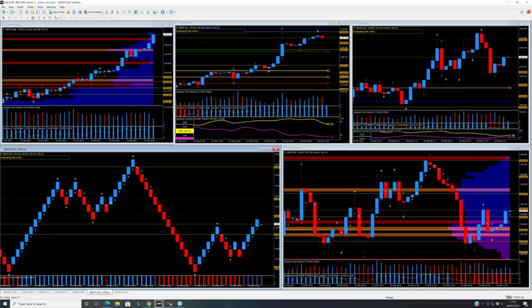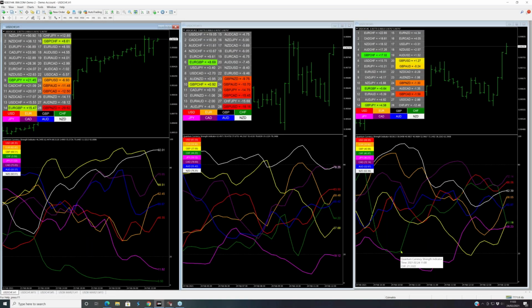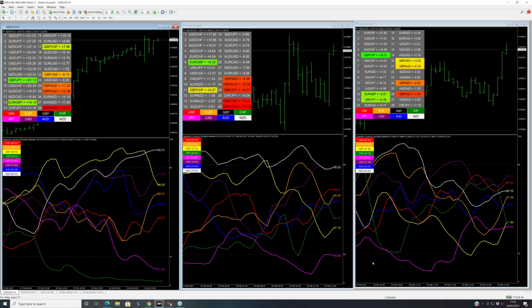Right, I'm actually going to start with the CSI here. This is MT4, by the way. I've only got MT4. I have got NinjaTrader up, but only because with MT4 and 5, trying to get a timestamp is a little bit annoying.